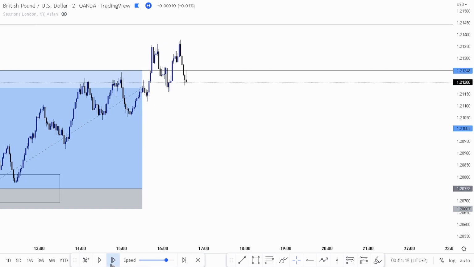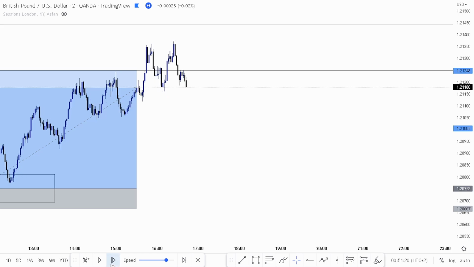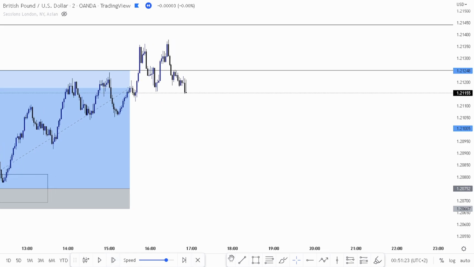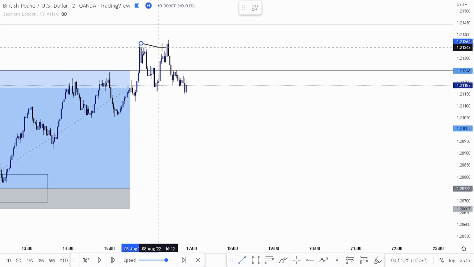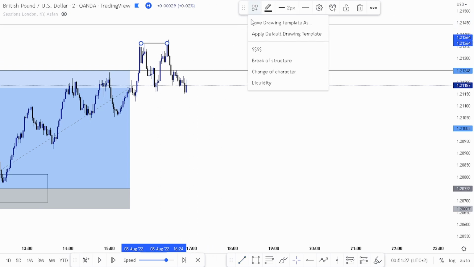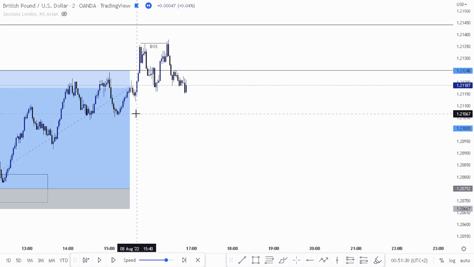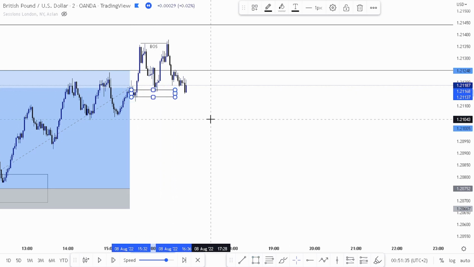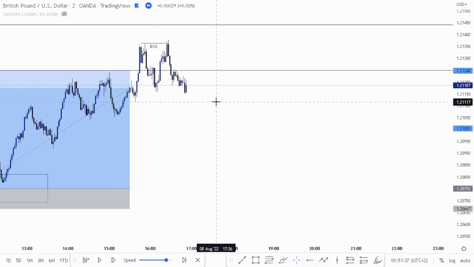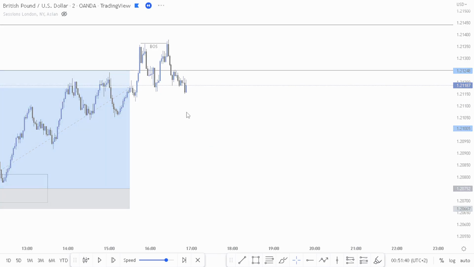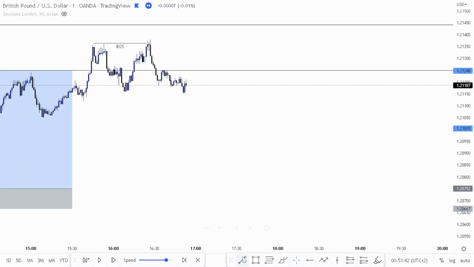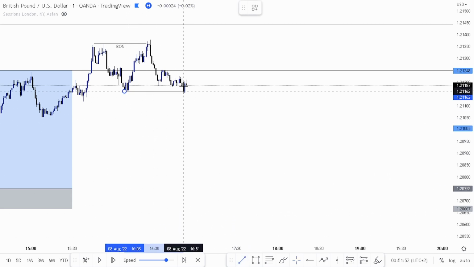So as you can see right over here, we had our breakout structure to the upside. And that breakout structure was simply caused by, let me just take it down to the 1-minute time frame, it was caused by this level of demand over here on the 1-minute time frame.